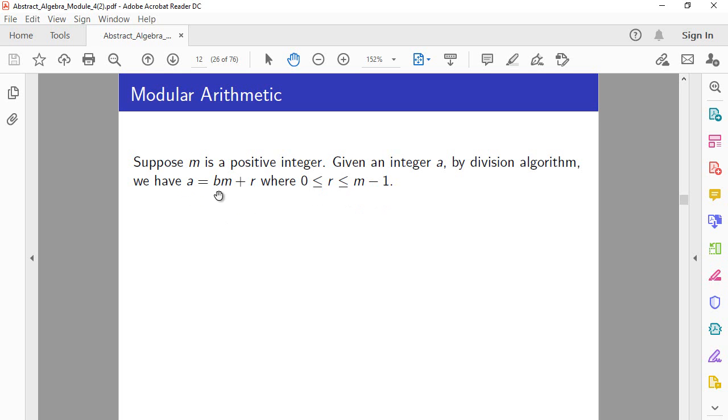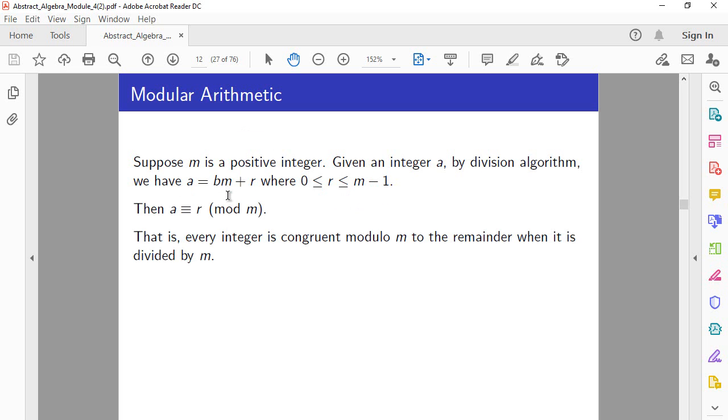So we are dividing a by m. Clearly then a minus r is a multiple of m, so a is congruent to r mod m.